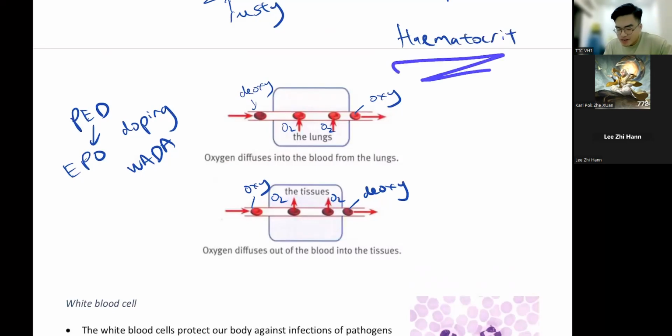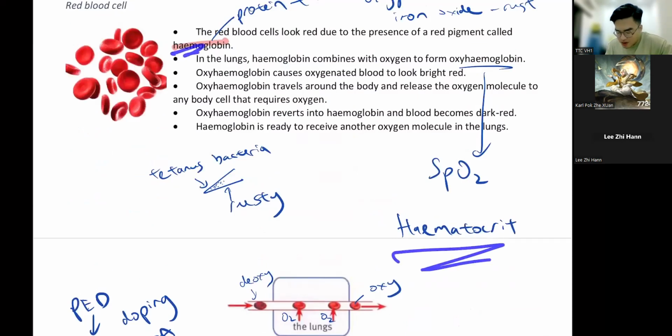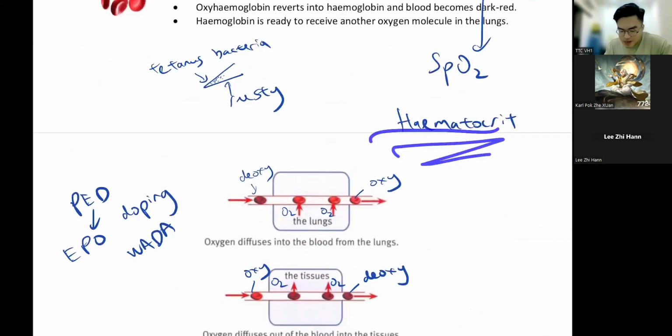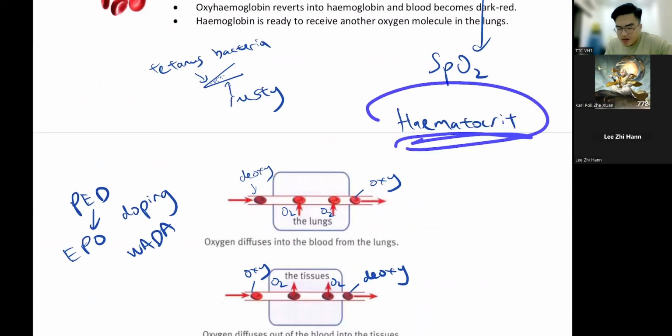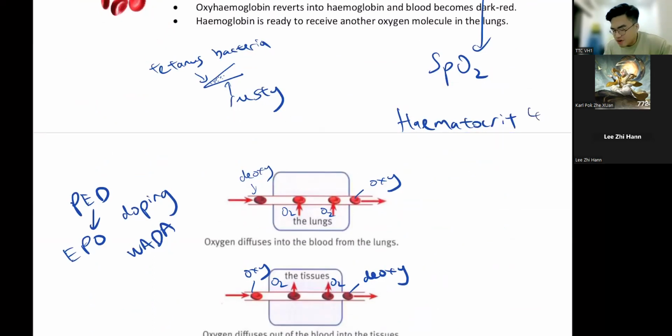This hematocrit, for normal people, is around 45%, if I'm not mistaken. If you're like 46 or 47, still acceptable. But if you're 50 and above, that's a bit sus already. Why is your hematocrit so high?